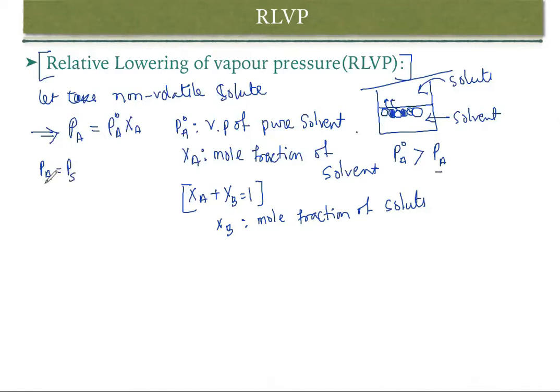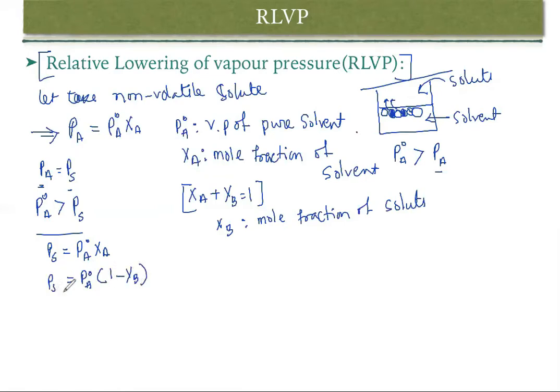So what I'm writing is PA is equal to PS. The vapor pressure of the pure solvent is always greater than the vapor pressure of the solution. Now I can write PS, the solution vapor pressure, is equal to PA naught into XA. A little change here: PA naught into 1 minus XB.